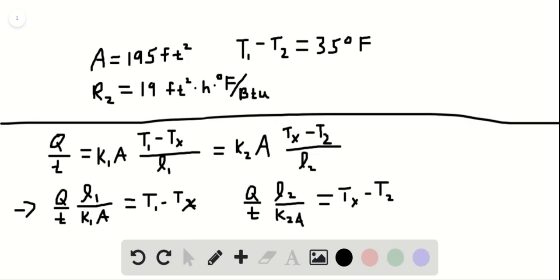So add these two together and then solve for the heat conduction rate, okay? And we're going to do this on this new page. That's going to give us, well, Q over T is constant for both, as well as 1 over the area. So we're going to pull both of those out front.